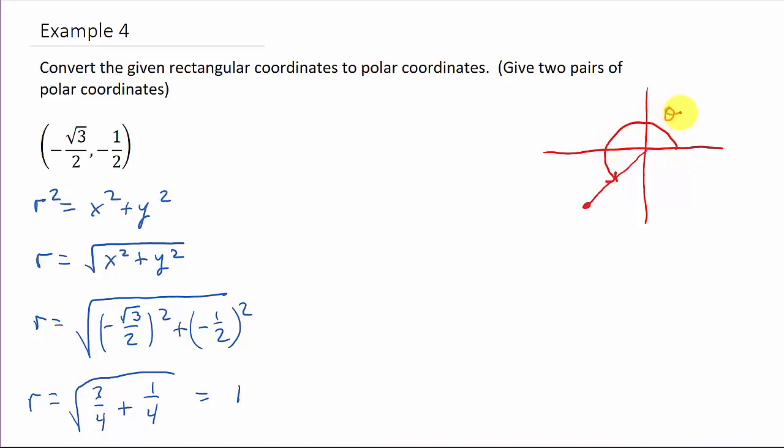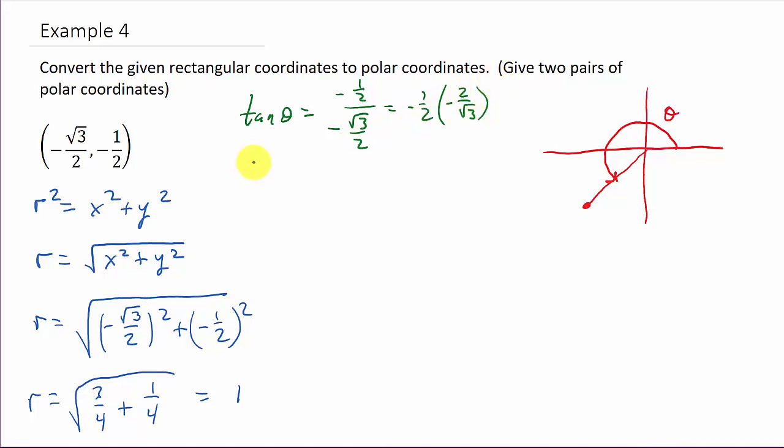Here's theta. We know that tangent theta is equal to y over x, so that's negative 1/2 over negative square root of 3 over 2. Since it's negative 1/2 divided by this, it's negative 1/2 times the reciprocal, so times 2 over square root of 3.